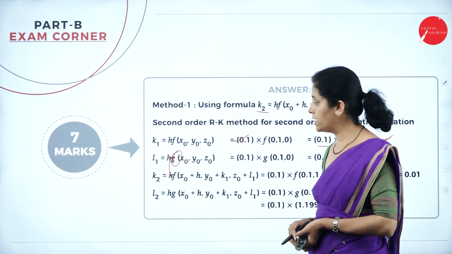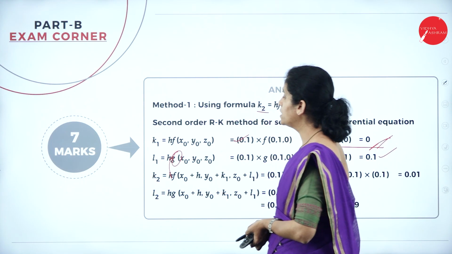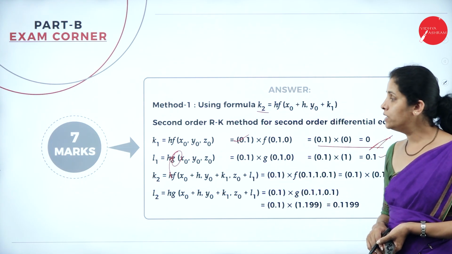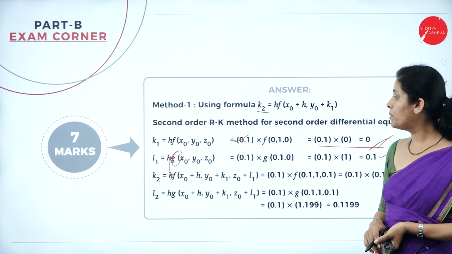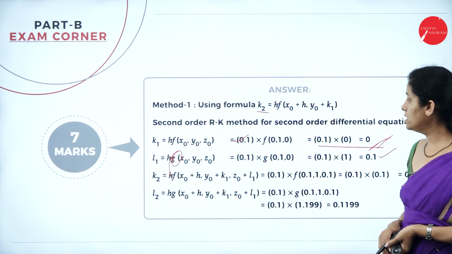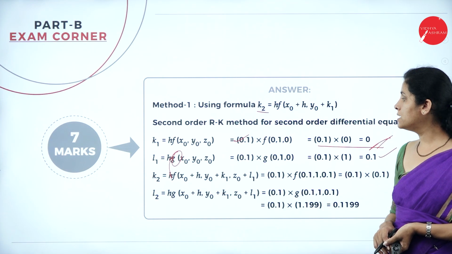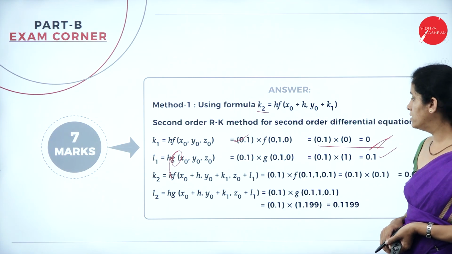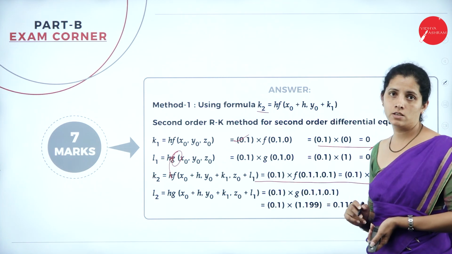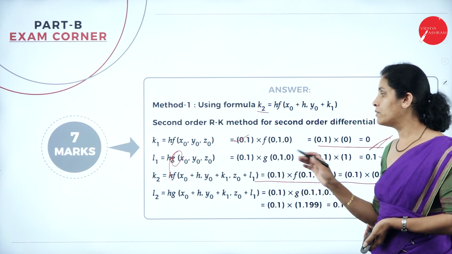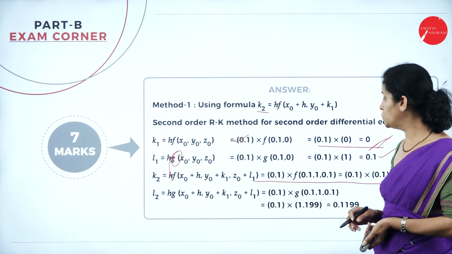Now I want to find out k2. So what is k2? Height into function x naught plus h comma y naught plus k1 comma z naught plus l1. I'm going to substitute all the values and I'm getting the answer 0.01, and I want to find out l2.